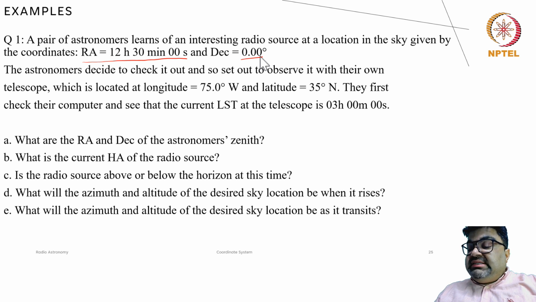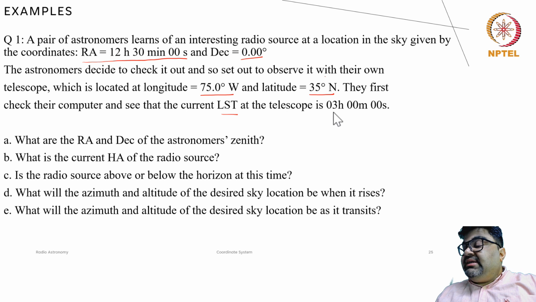The astronomers decide to check it out and set out to observe it with their own telescope, which is located at a longitude of 75 degrees west and latitude of 35 degrees north. They first check their computer and see that the current LST at the telescope is 3 hours. So what are the following quantities?